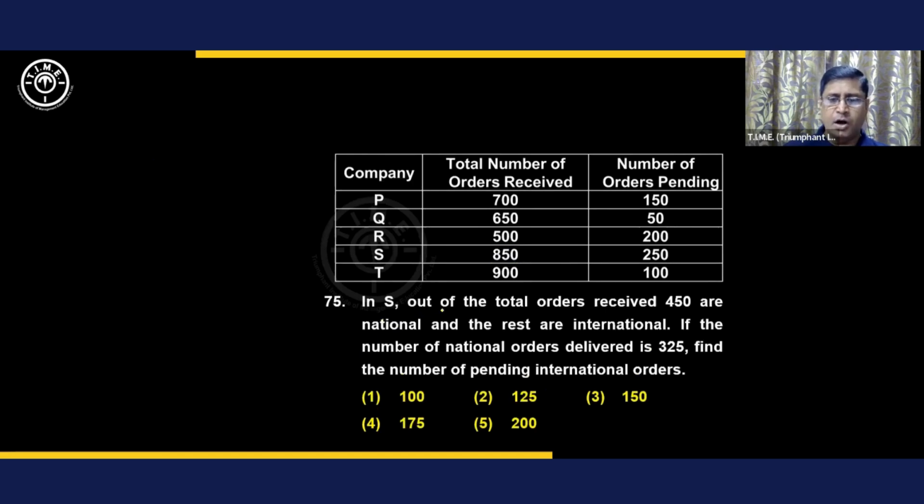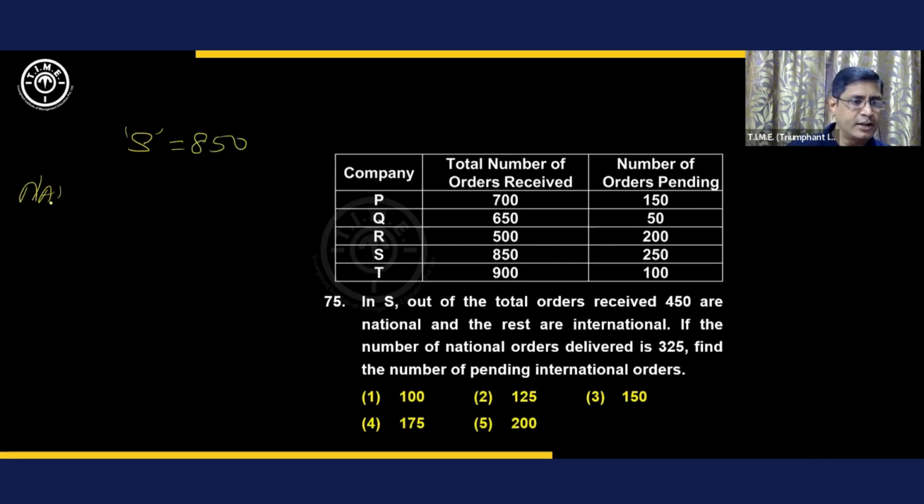In S, out of the total orders received, 450 are national and the rest are international. Okay, if the number of national orders delivered is 325, find the number of pending international orders. So here what is the S value? Yes, the number of total orders received. What is the total number of orders received here? It is 850.